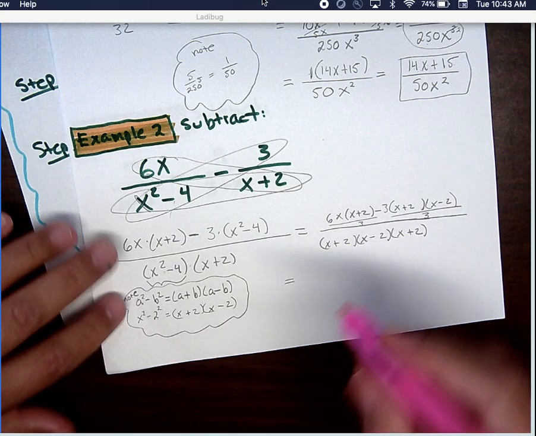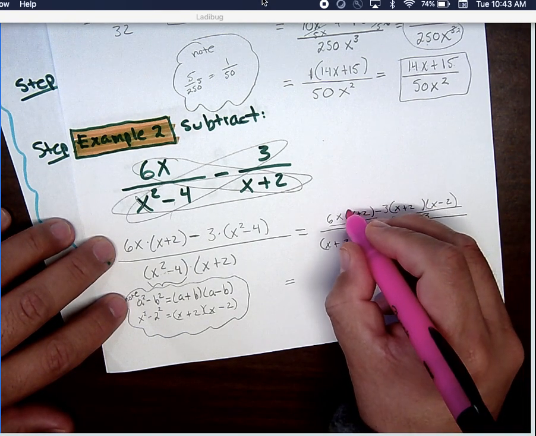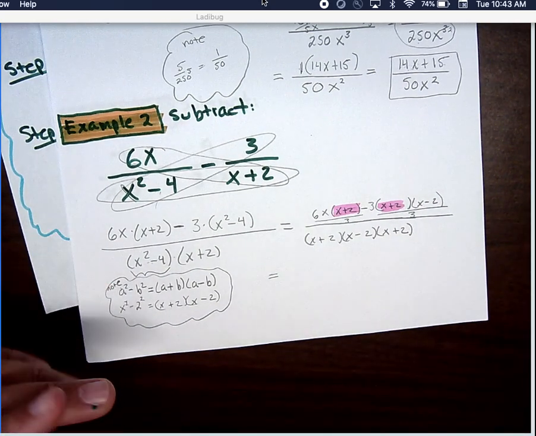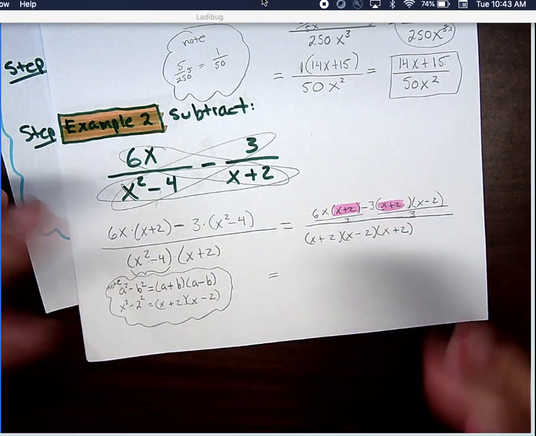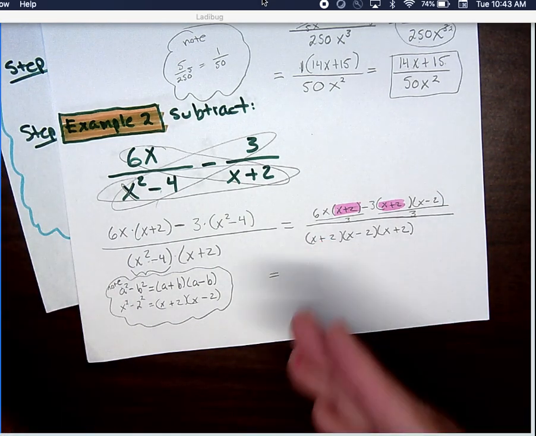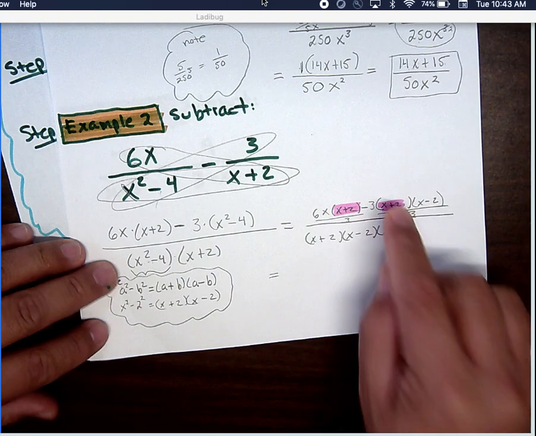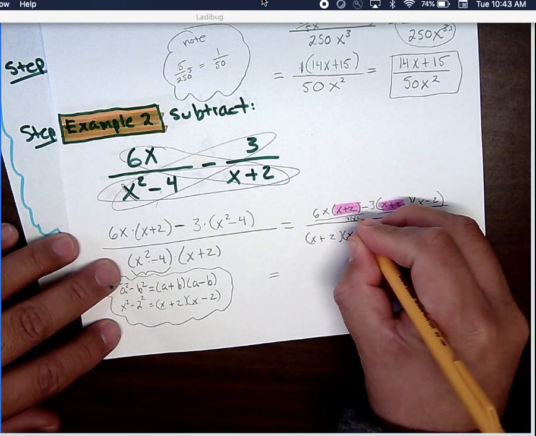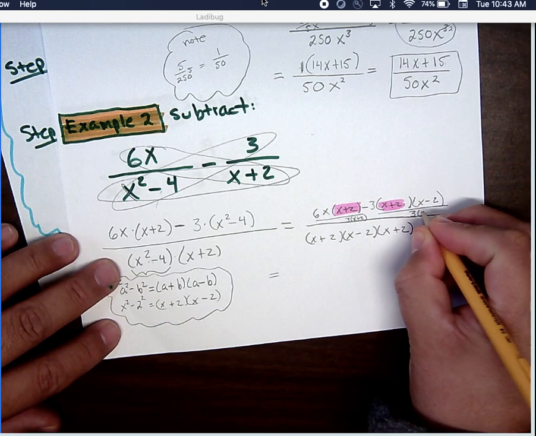You can actually GCF this whole part, because they're the same thing. Imagine this being an x, you could GCF an x. In this case, we have an x plus 2, but it's still the same thing twice. So you can GCF an x plus 2 and x plus 2.